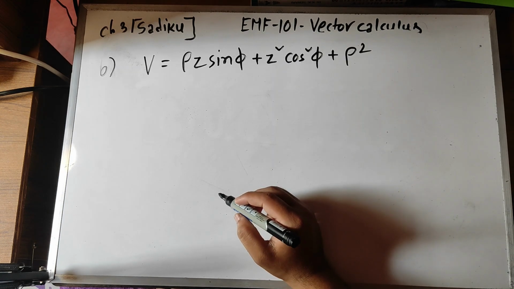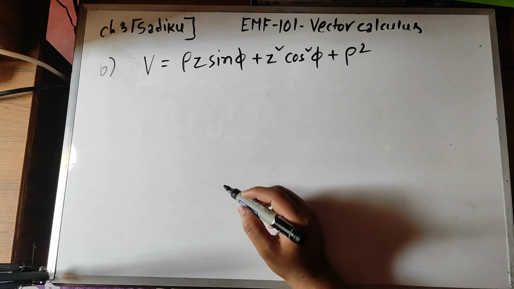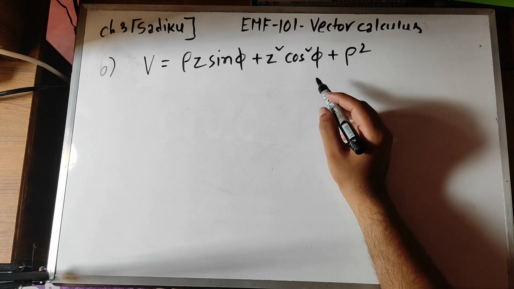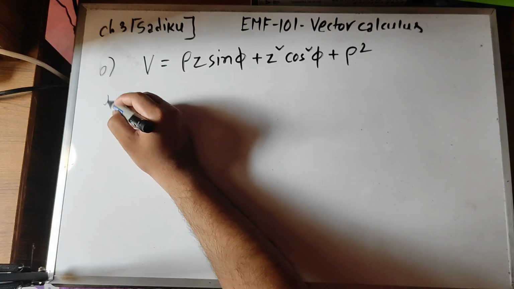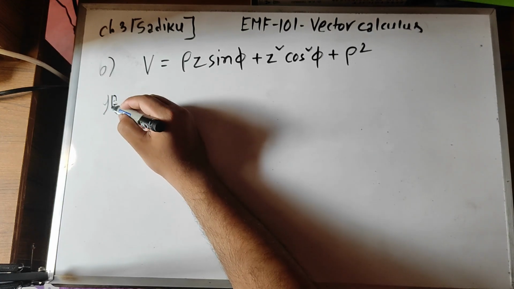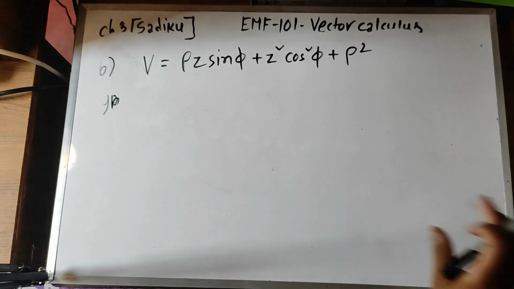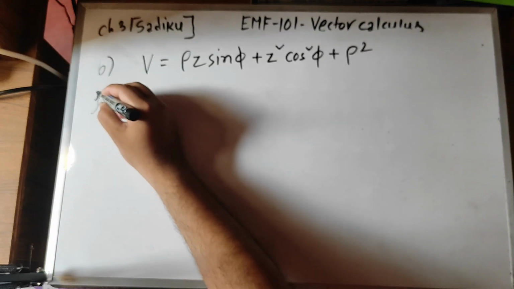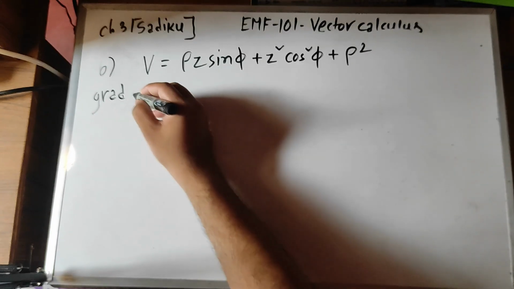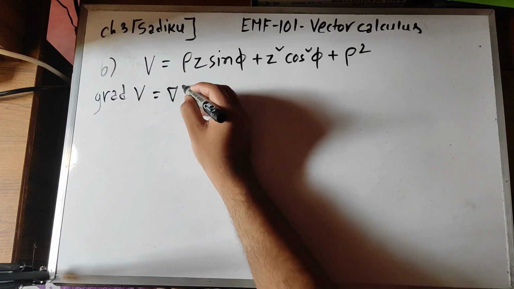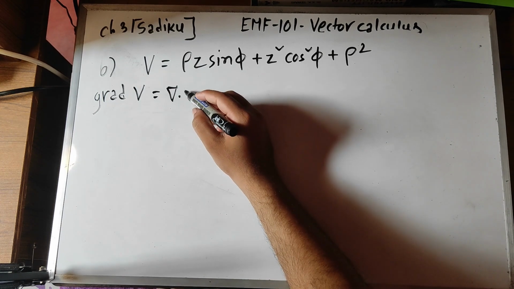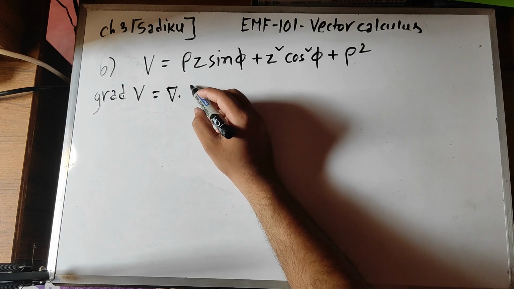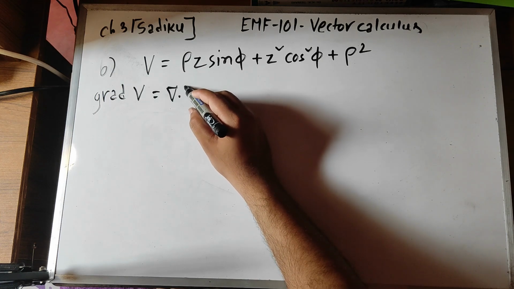So now we have to find the gradient of this scalar field which is in cylindrical system. The gradient of v is the del operator which we have to express in cylindrical system.